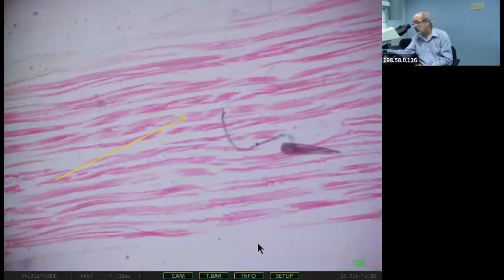Finally, your last type is your smooth muscle fiber. Your smooth muscle fiber will contain filaments of actin and myosin, but you don't have any striations, and so they are called smooth. The fibers are fusiform, and the nucleus will be in the center, with only one nucleus per fiber.